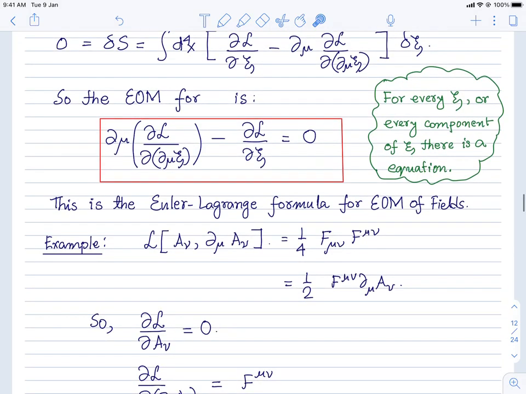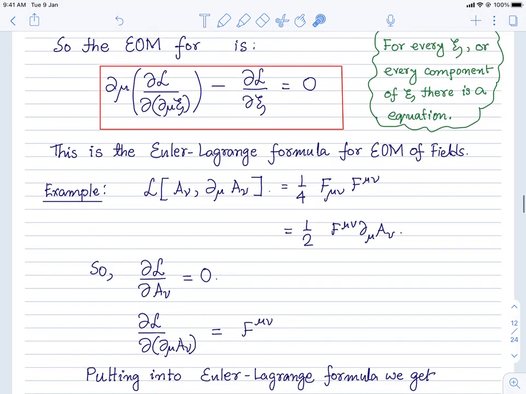Now let's immediately test it for our electromagnetism. Our sign convention was that there was a minus 1/4 here. And now if I write this using the antisymmetry of F mu nu, I could write this as del mu A nu, without any problem.